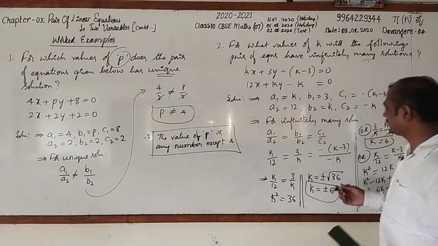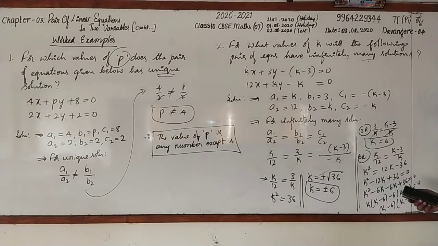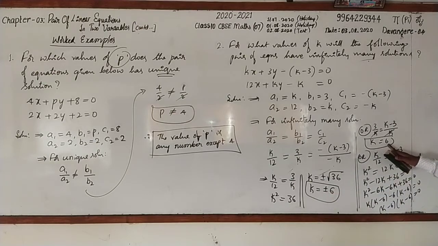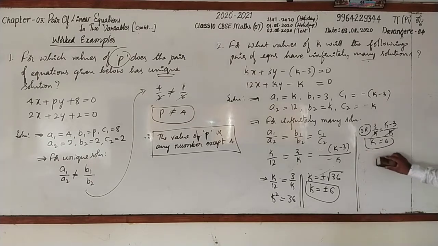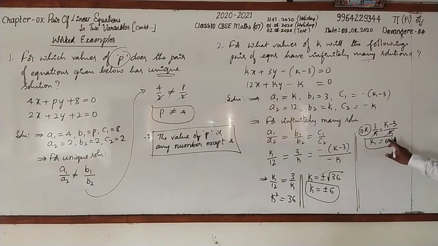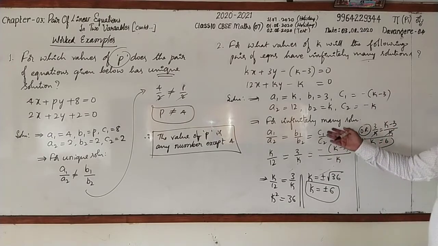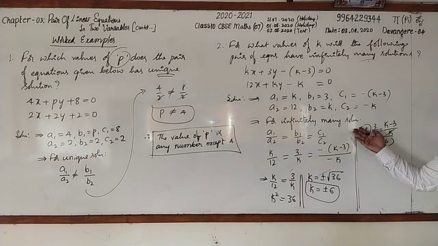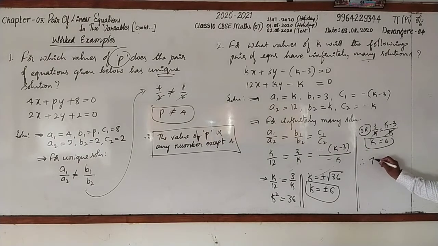Is there any other possibility? It comes only for k equal to plus 6. Here also plus 6. Here also plus 6. As k equal to 6 will satisfy the given condition, that is infinitely many solutions, therefore, we can write the value of k is 6.